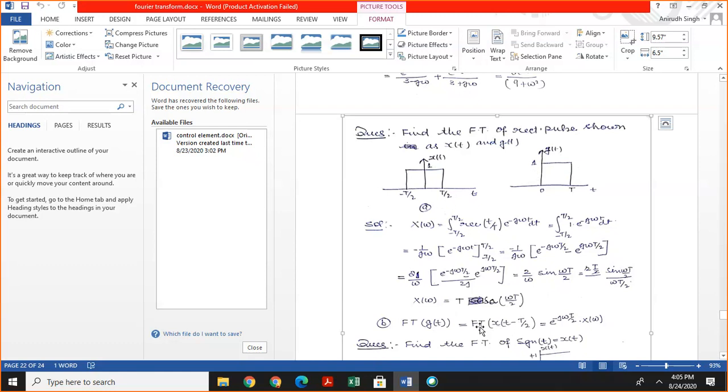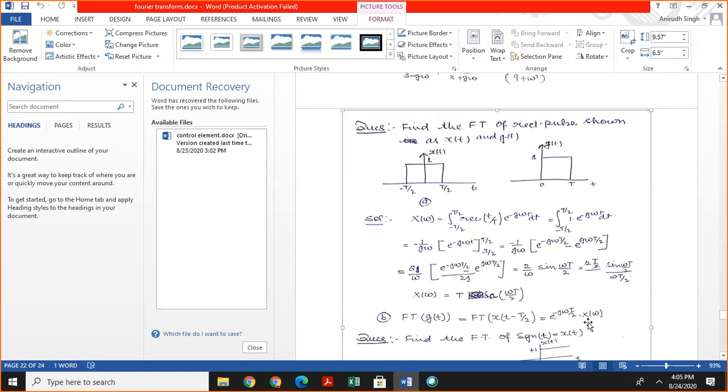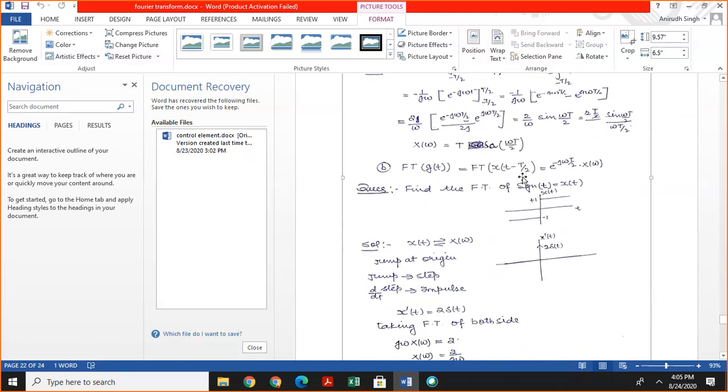So this is written as this, and the Fourier transform of a time domain shifted function is given by exponential minus j omega T by 2 multiplied by X of omega, and X of omega is given by this. Clear? इसमें क्या करना है, तुम्हें फाइंड आउट करना है इसका फोरियर ट्रांसफॉर्म, और इस शिफ्टिंग प्रॉपर्टी को यूज करके इसका फोरियर ट्रांसफॉर्म लिख सकते हैं.